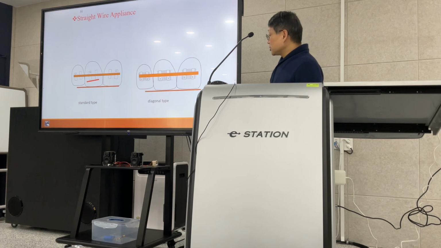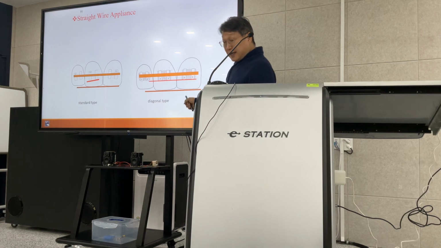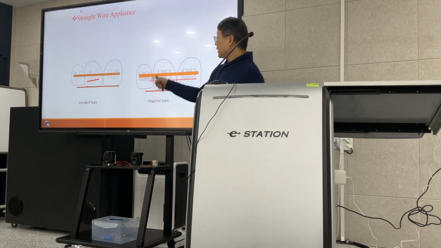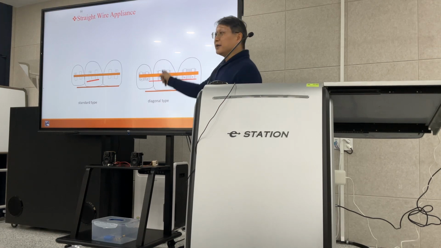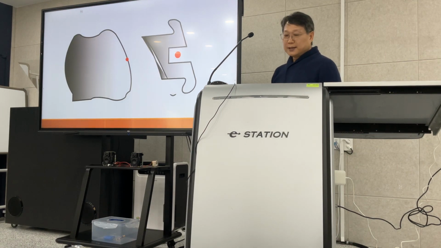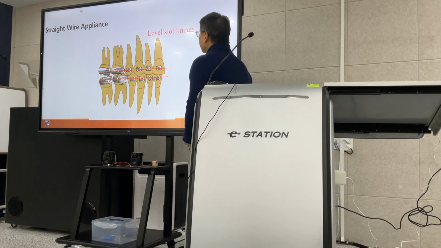So now we just use it. In the incisor areas, we follow just the incisor tip, but in the canine areas, we just follow the FA point. Then we can easily position the bracket. Anyway, this is how the bracket was developed.